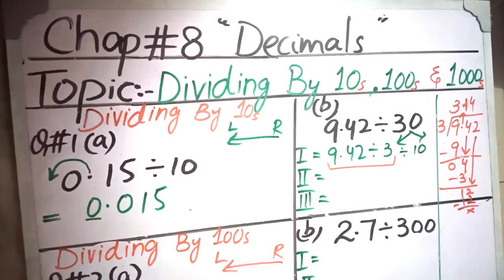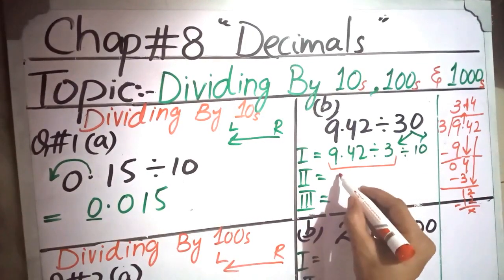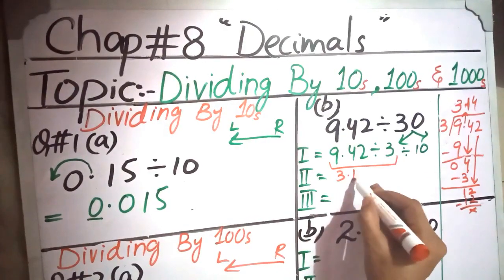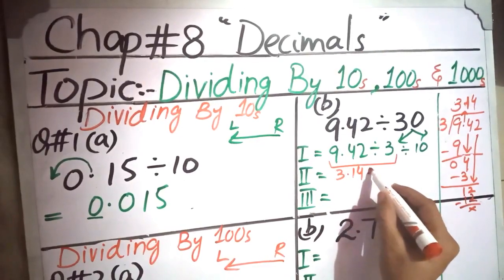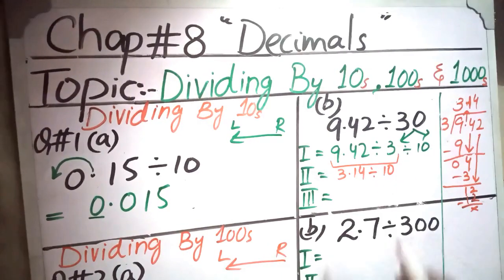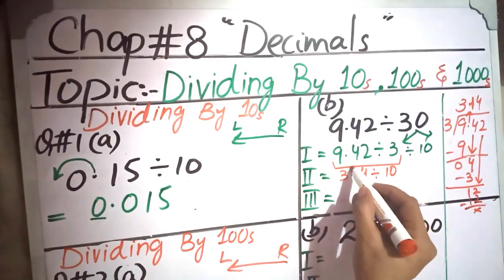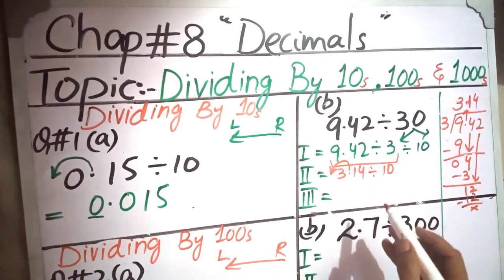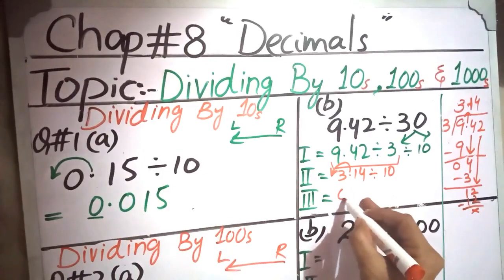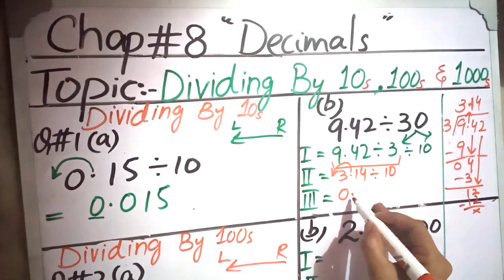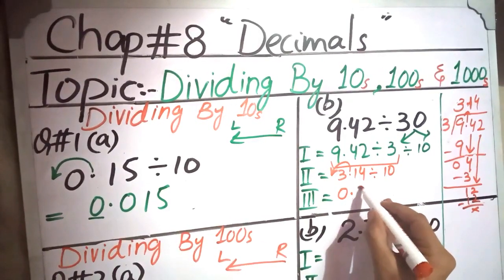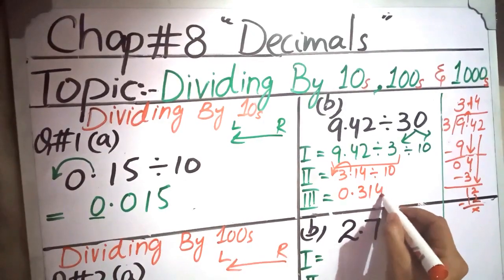Now can you see we have the answer 3.14 divided by 10. Again, we will shift the decimal point towards the left to get the answer 0.314.